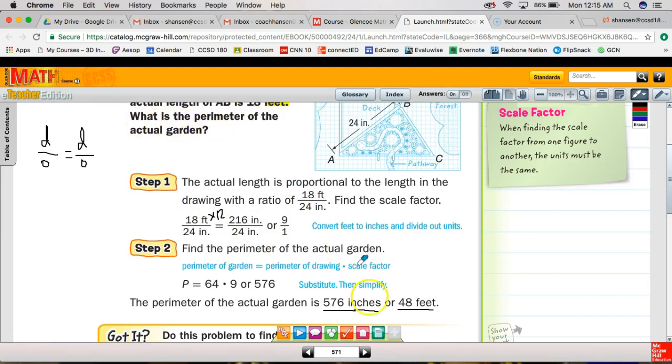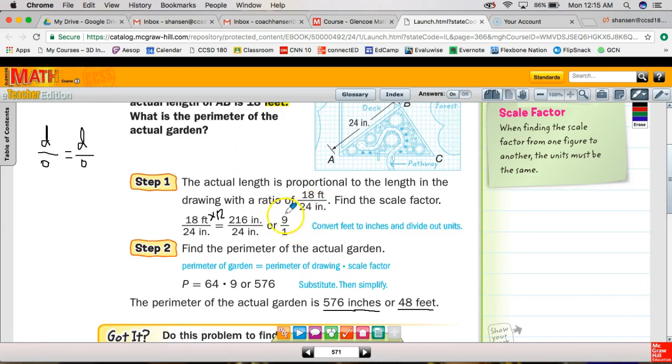Well, 576 inches, I really don't know what that looks like. It's not a reasonable amount of inches for me to understand, whereas 48 feet might make a little bit more sense to me. So generally speaking, I want to use the unit that is most appropriate, and in this case, I think feet is the most appropriate for the actual garden.